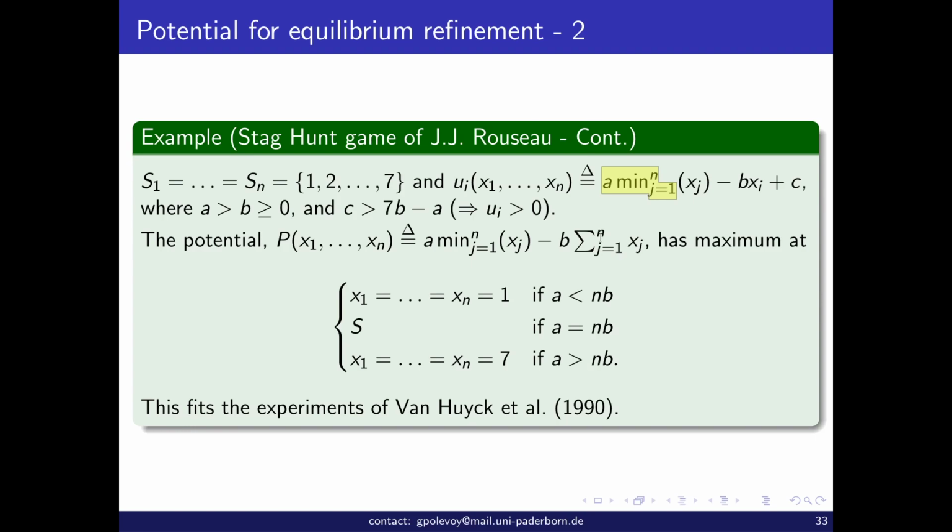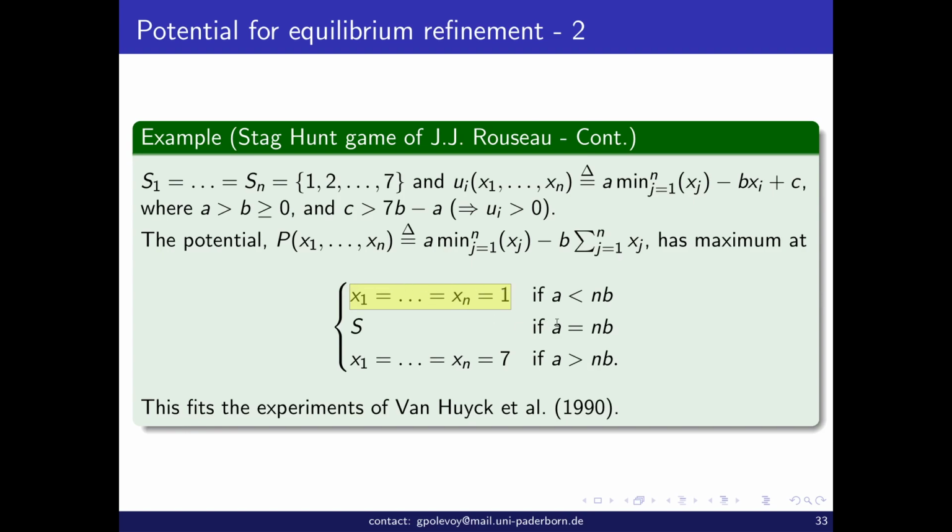And the potential, its maximum is defined as follows. If A is smaller than n times B, so if A is too small relative to the effort, in order for you to act well, then the potential is maximized when everyone invests the minimum possible effort.